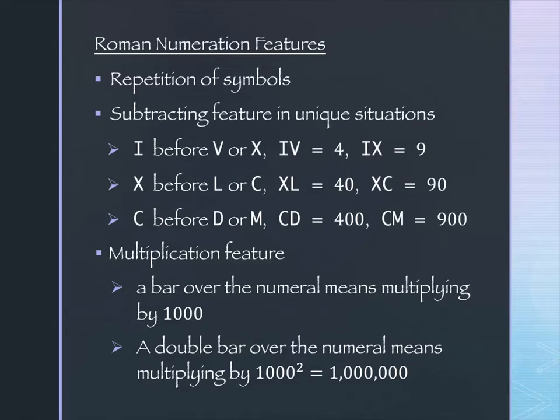They only do it for symbols that are 4s and 9s. So you're not going to do that if you have an 8 or a 3 in any place value. Only 4s and 9s. Since it works for the I's and the V's, it also works for X's and C's or L's. So if you have the number 40, then XL, because it's a 10 before a 50, is the number 40. And XC, because it's a 10 before a 100, is the number 90.